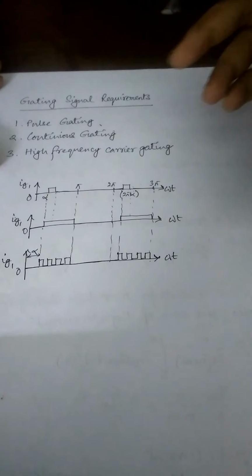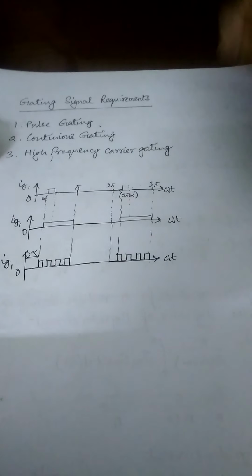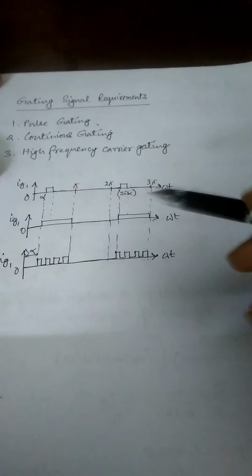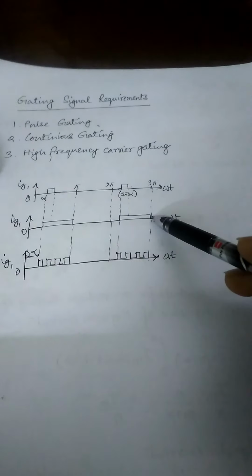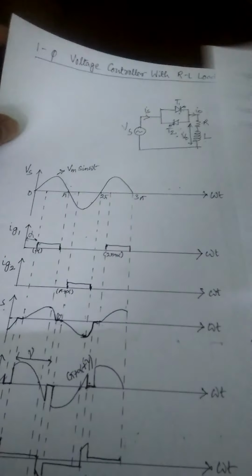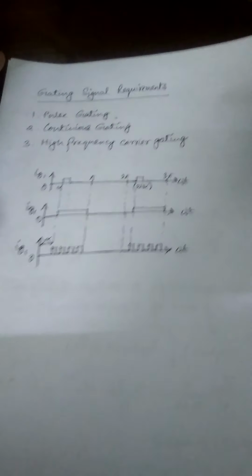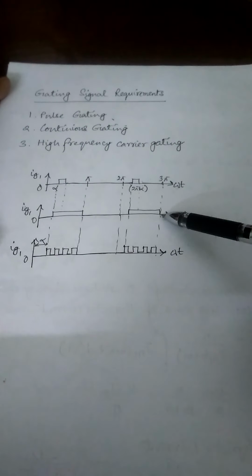So the pulse gating mode is not suitable for the RL load. Here the gating current profile is like that, as you see in our previous graph. This is actually what we call continuous gating mode.